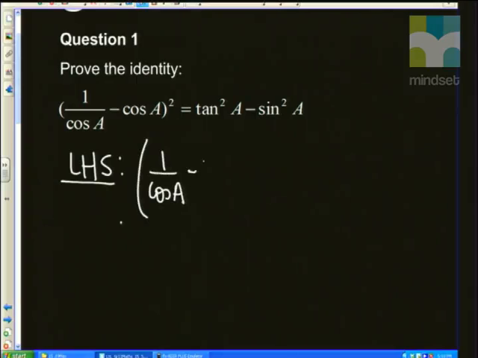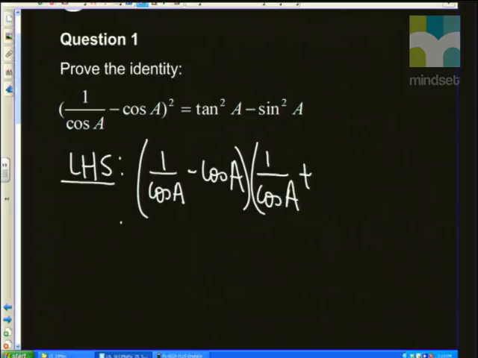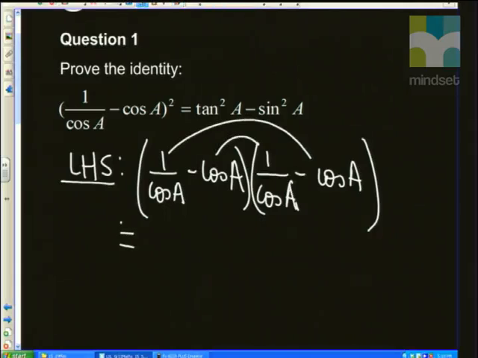I find that my grade 11s forget a lot to get their outers and their inners, the product of the outers and the inners. So you forget that middle term. As we talk, okay, that should be a minus, not a plus. Let's just fix that here. If we multiply that out, we've got inners and outers.